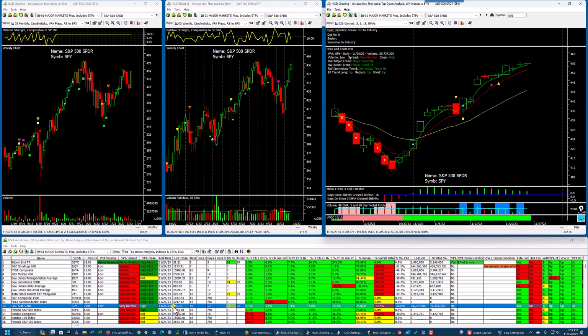And then as I work my way across here, I can see that the 3 crossed the 6 17 days ago. The volume point of control crossed 18 days ago. So this is why I'm using this particular chart, just to simplify this a little bit.